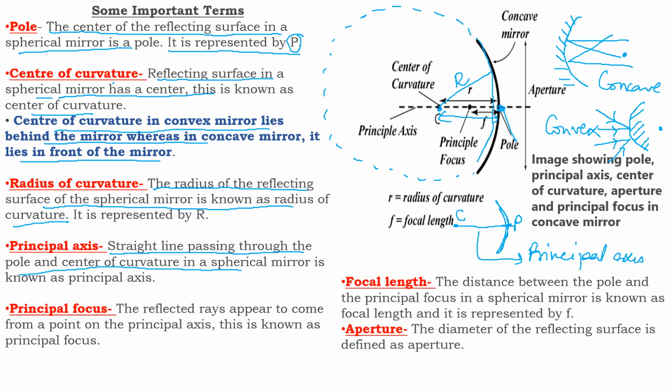This is an imaginary line which joins your C and P. Sorry, principal axis is an imaginary line. Now, and then you have your principal focus. The reflected rays appear to come from a point on the principal axis.